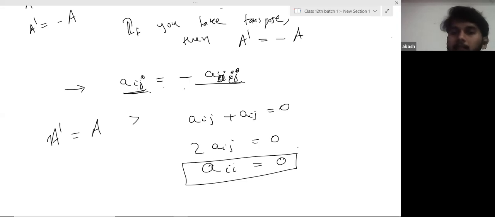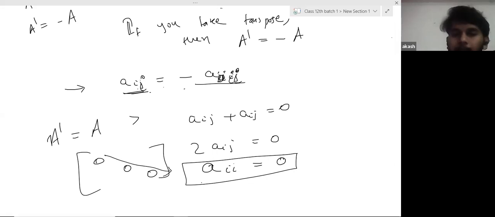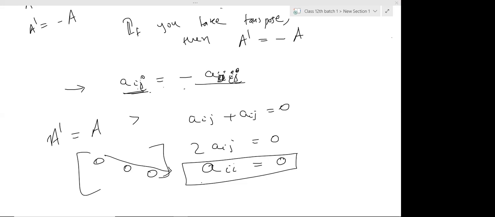All the diagonal elements have to be 0 for a matrix to be skew symmetric, right? Clear, everyone? Krishna, Hamza, Shikani. Yes, sir.